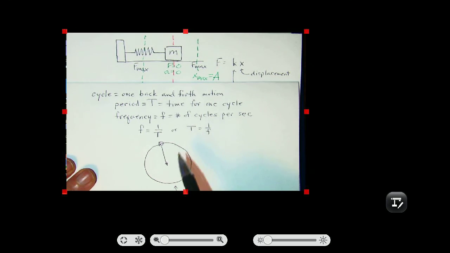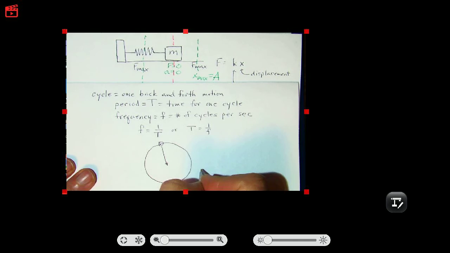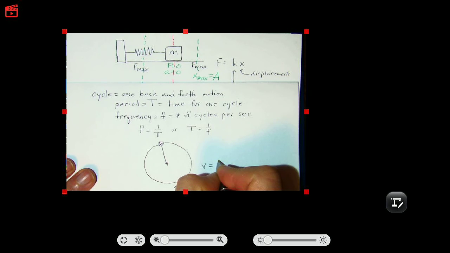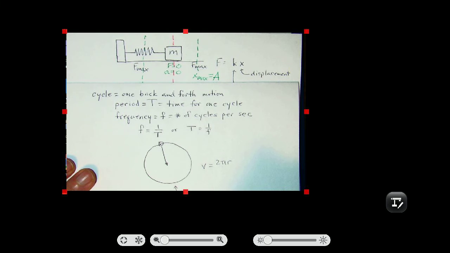And so if I want to relate this, what I can say is the velocity is equal to the distance around the circle. That's our circumference from geometry. If you remember, that's 2 pi r divided by the time. Distance divided by time is going to give us our speed.